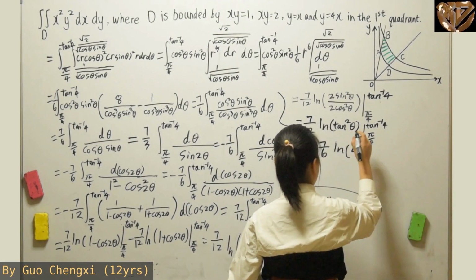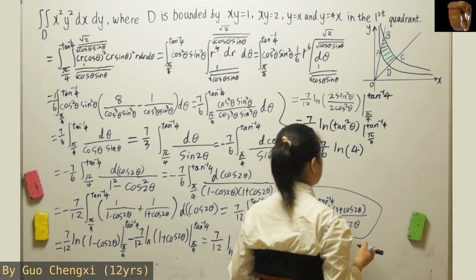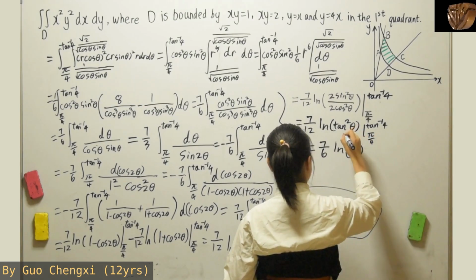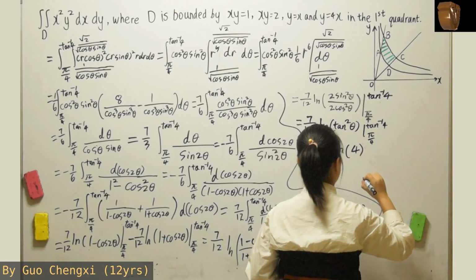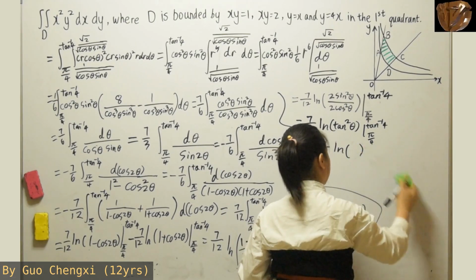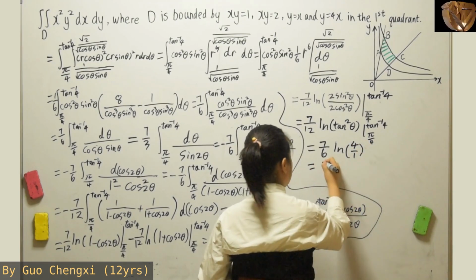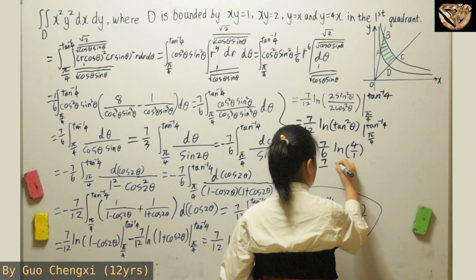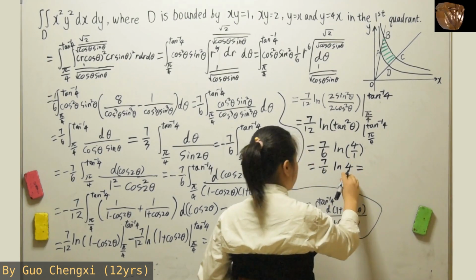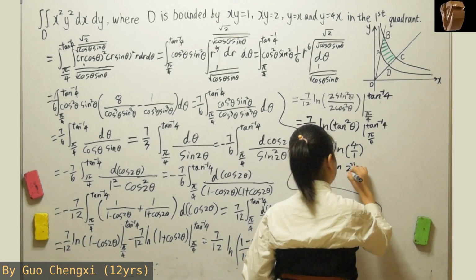As I told you, ln x minus ln y is basically ln x over y. So you can put this in, and since tangent pi over 4 is 1, this is basically 4 over 1. Now 4 is basically 2 square, right?